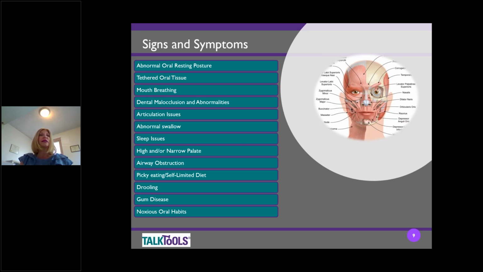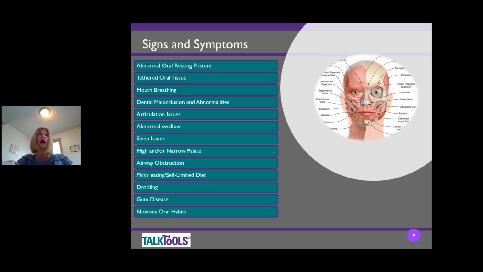mouth breathing, dental malocclusion and abnormalities such as crowding of the teeth, overjet, open bite, spaces in between the teeth, which are called diastemas, palatine tori, which can be present and a sign of issues, articulation problems. We see this as children 2, 3 years old are developing language.